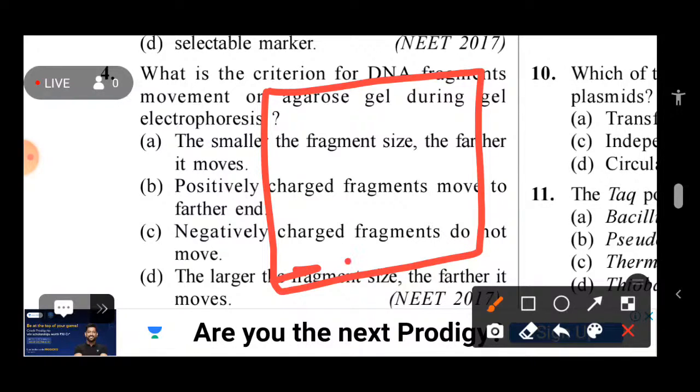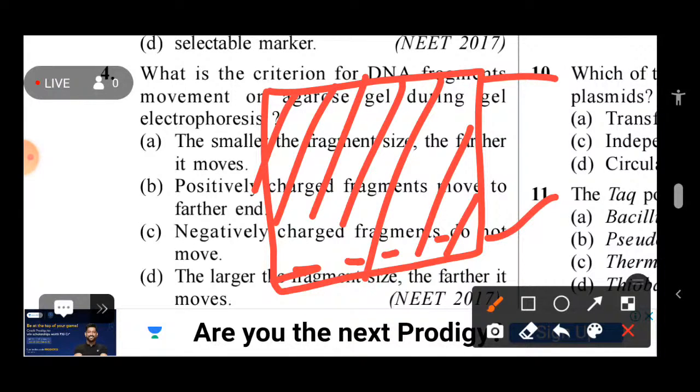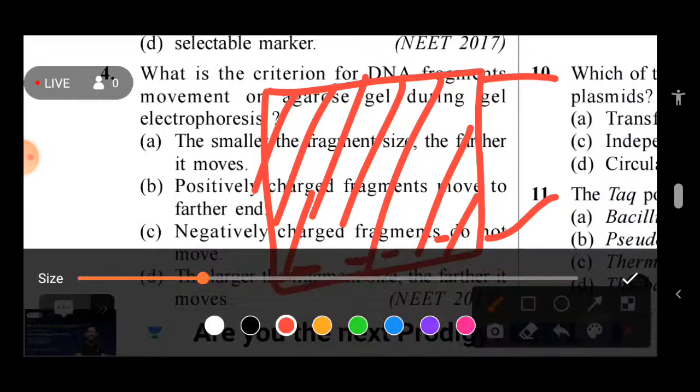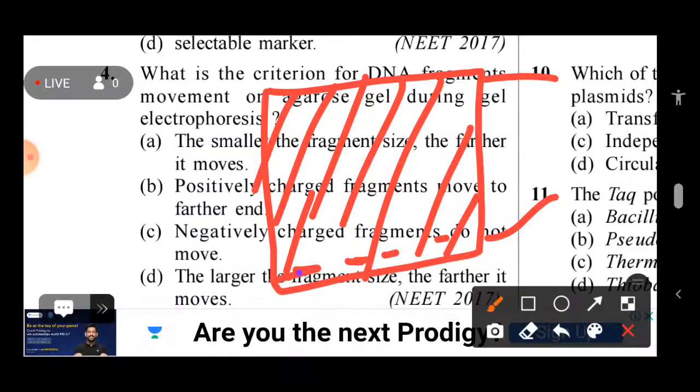Here we are going to use our sample, and completely we are going to use agarose, a gel. It is in water form, jelly form. We are going to put the agarose gel and put the samples here. These samples contain genes.